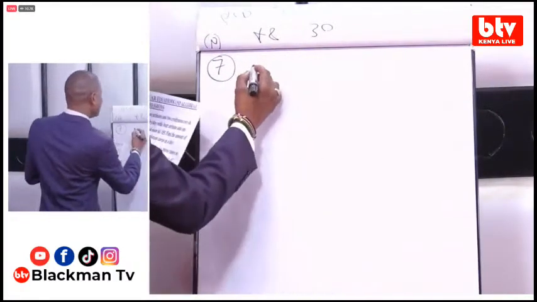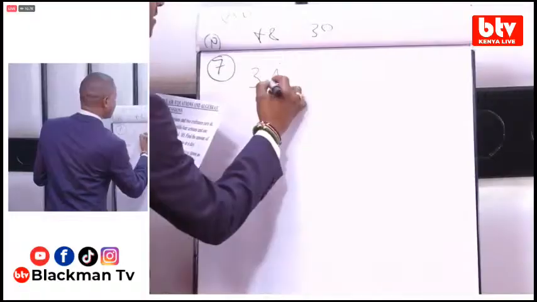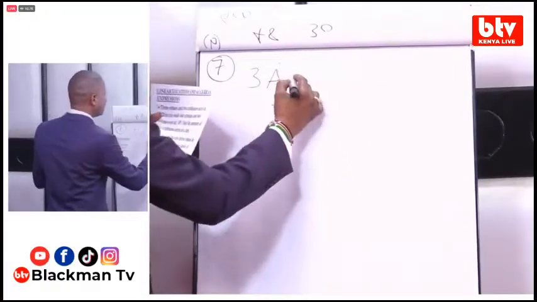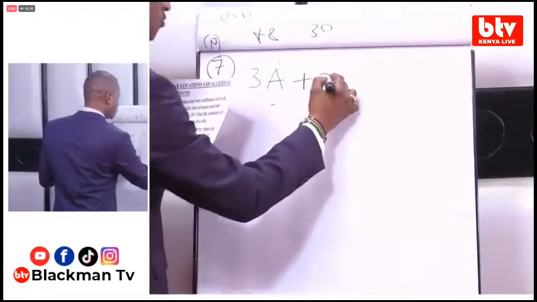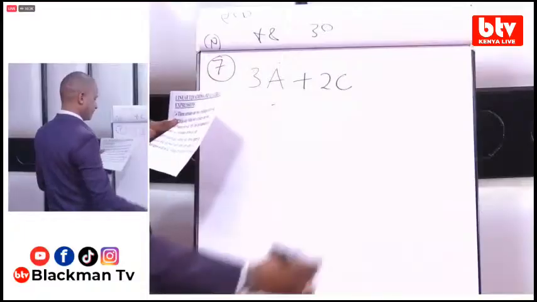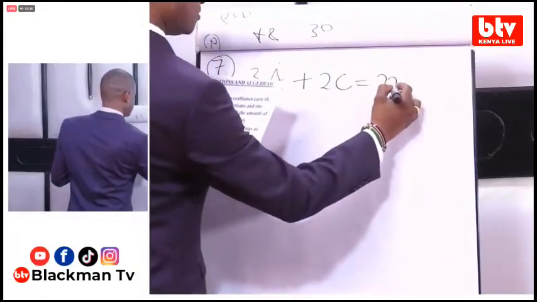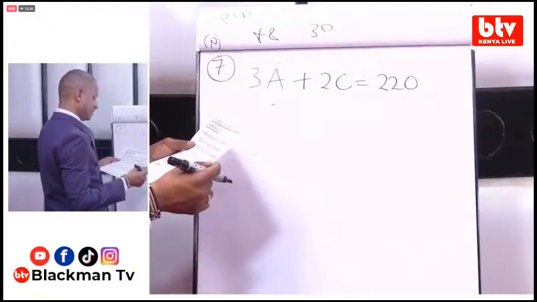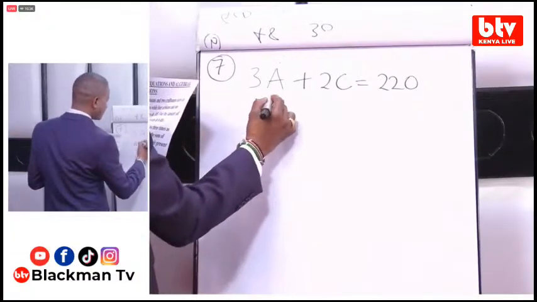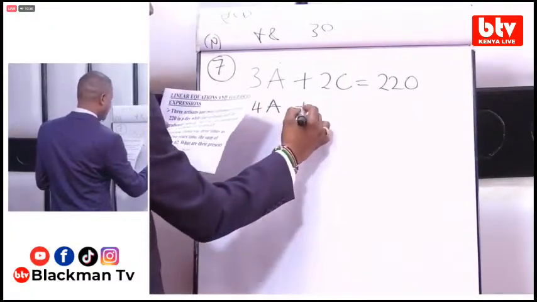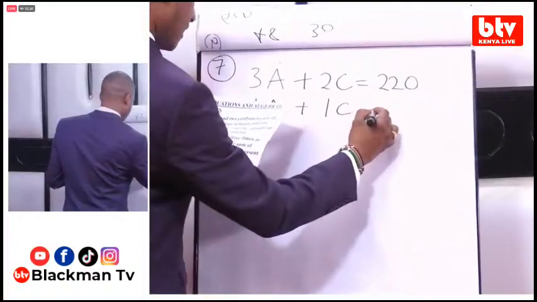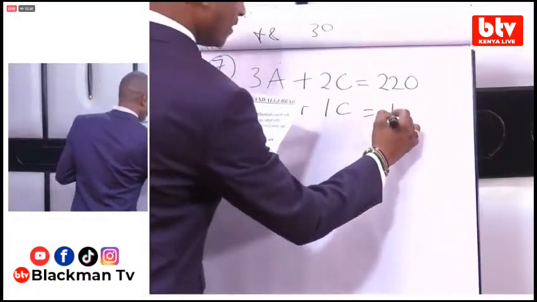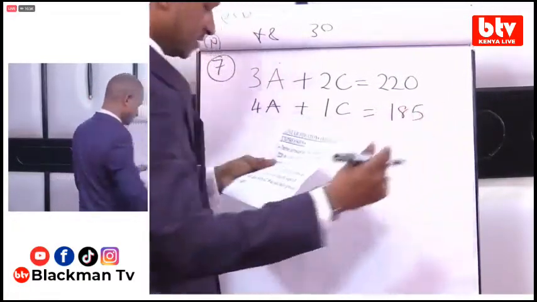So you write 3 artisans, 3A, and means plus 2 craftsmen earns how much? 220 shillings in a day. While 4 artisans, 4A, and 1 craftsman earns how much in a day? 185 shillings.